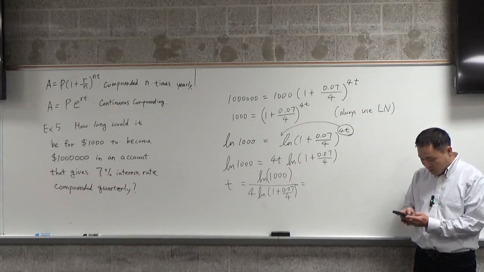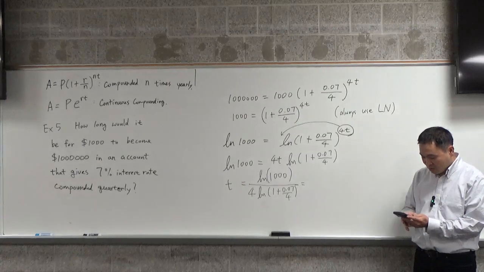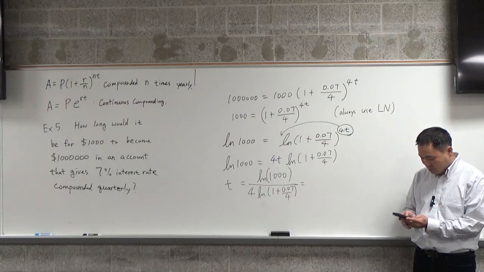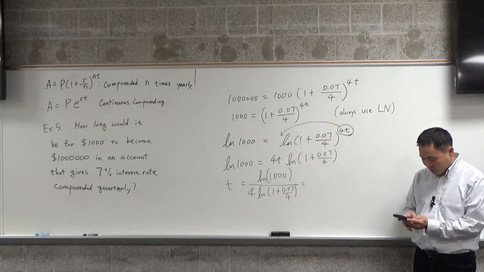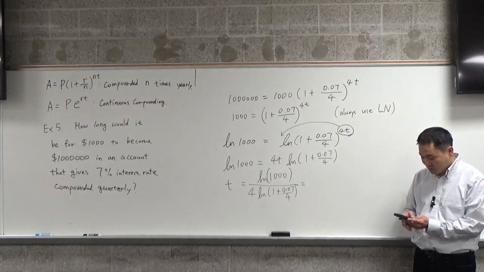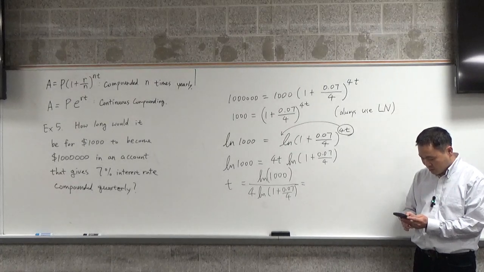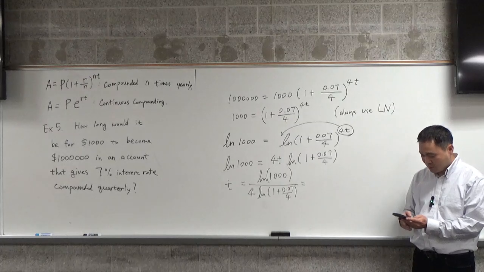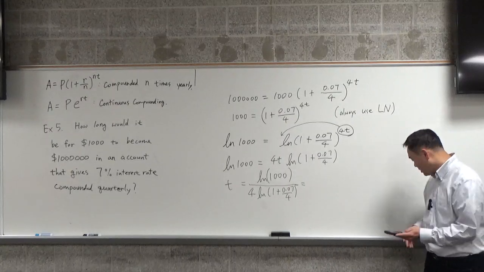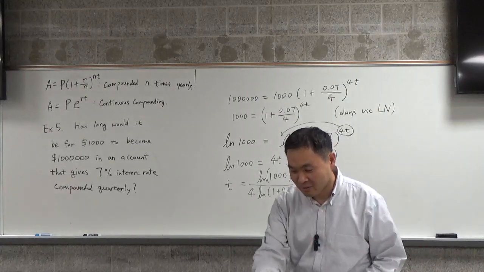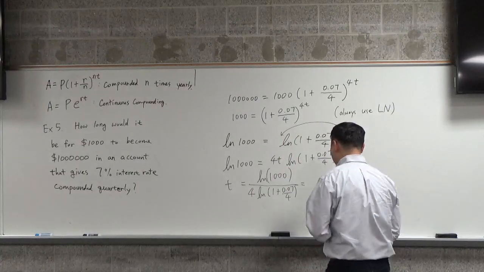All right, so it's ln of 1,000 divided by 4 times ln of 1 plus 0.07 divided by 4. Oh, 99.5. Okay, that's good. Not bad.